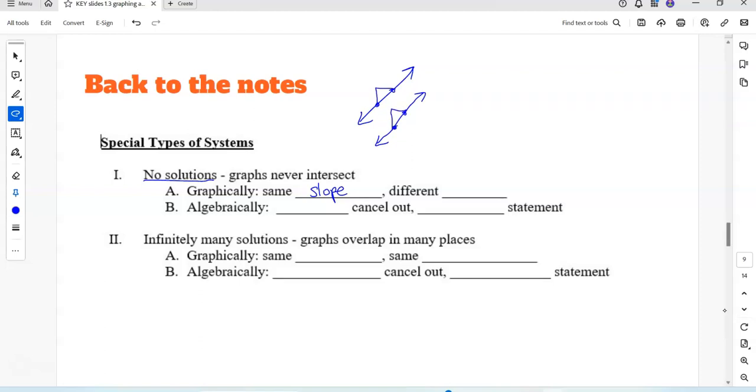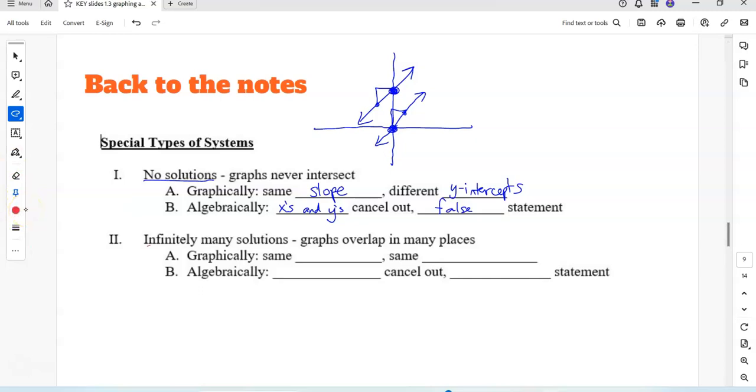Let's pretend that those have the same rise over run, but their y-intercepts, if I were to plot them, you would see one of them is up here and one of them's down here. So they'd have different y-intercepts. Algebraically, what that means is x's and y's cancel out. So if I were solving this algebraically, the x's and the y's cancel out, but I'd end up with a false statement. Okay, and we're going to see an example of this in a moment.